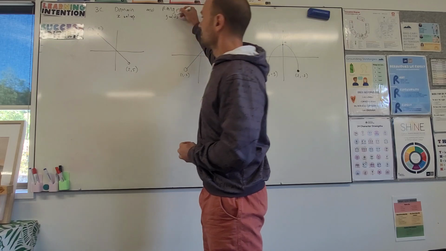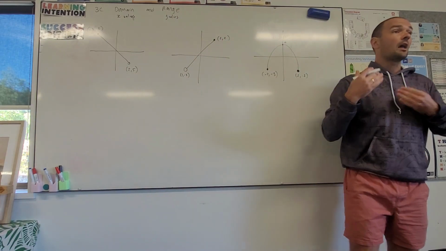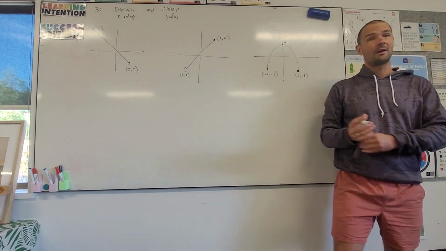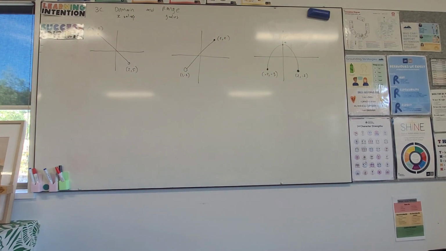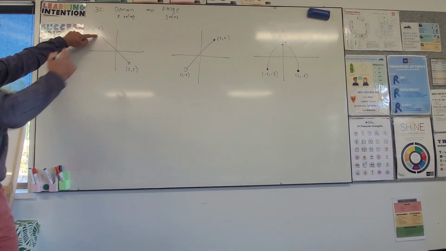When we're making a statement about the domain and range, we're always looking at the graph, and we're going for the x values. For x, we ask, what's the point furthest to the left? What's the x value on this line that is furthest to the left? The lowest x value is occurring here.